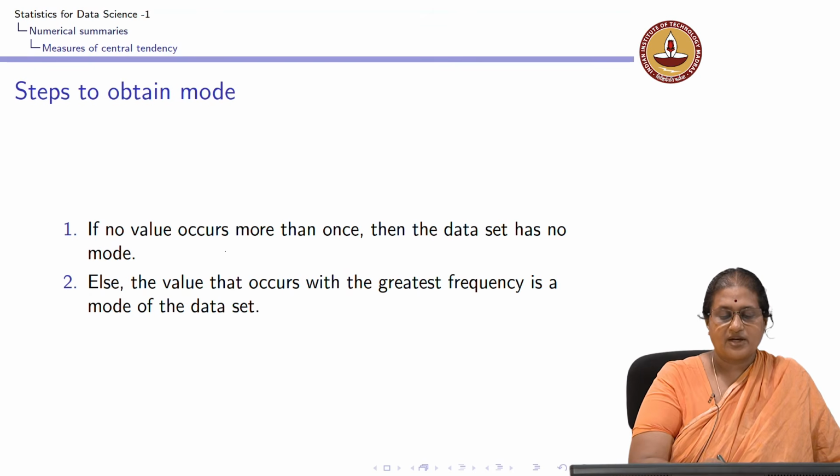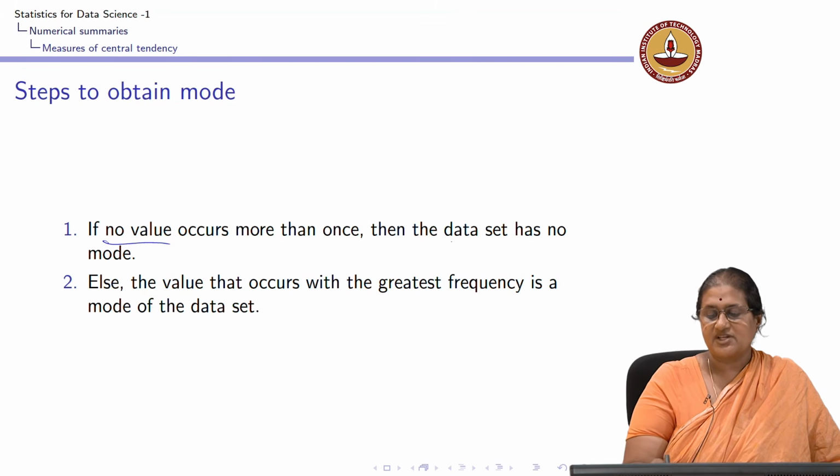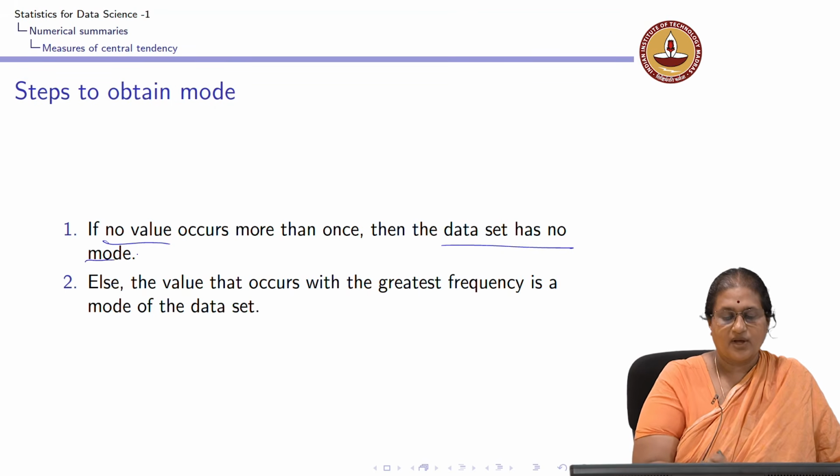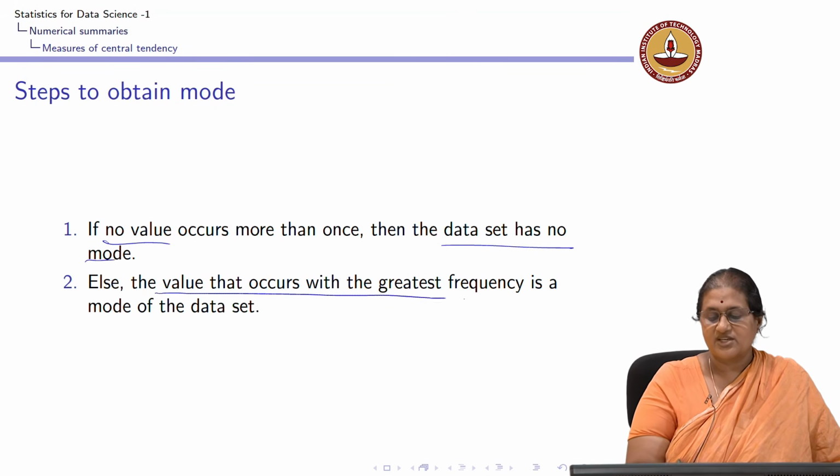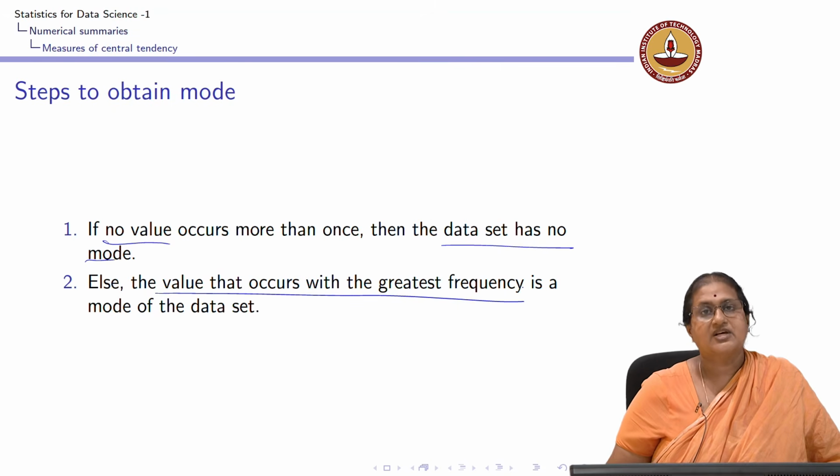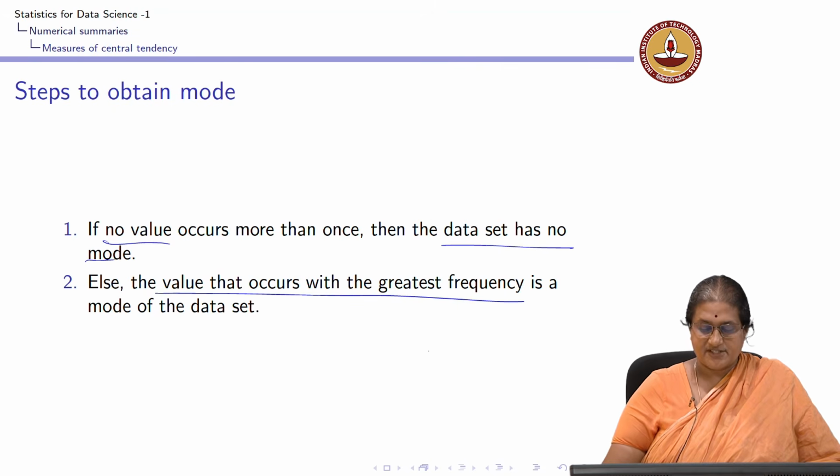If a value occurs more than once, that value which occurs with the greatest frequency is the mode of a data set.